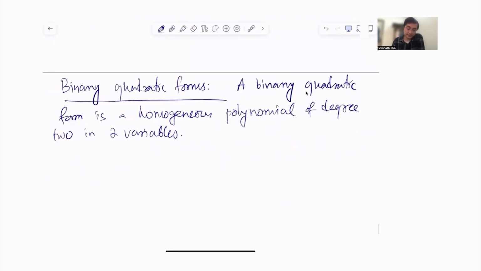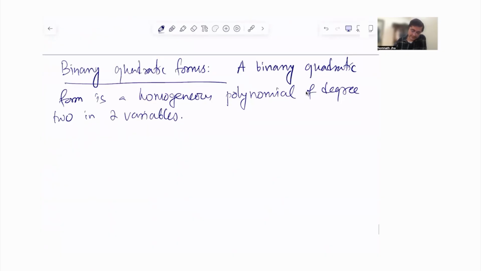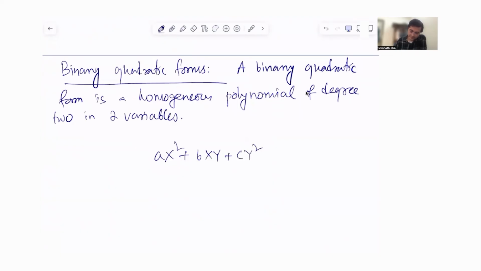Binary comes from two, and quadratic means it's a homogeneous polynomial of degree 2, so it has only two variables. Let's say it looks like ax² + bxy + cy².